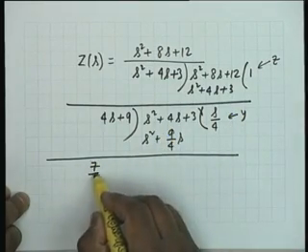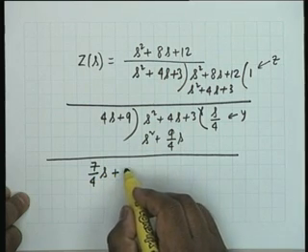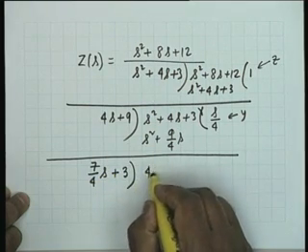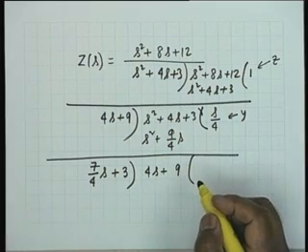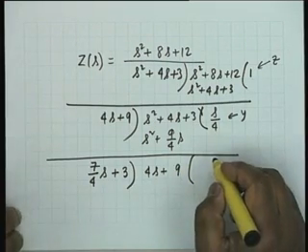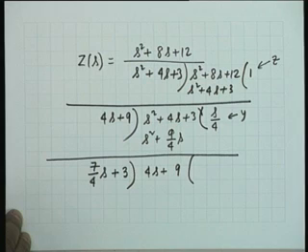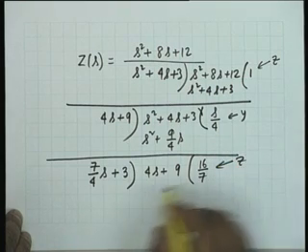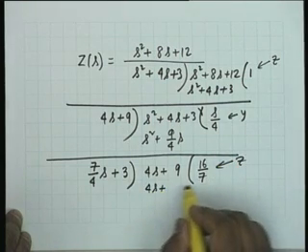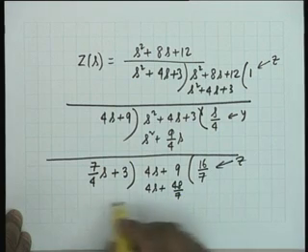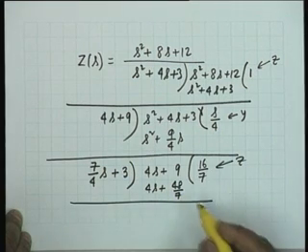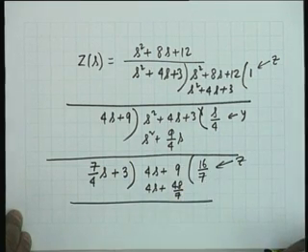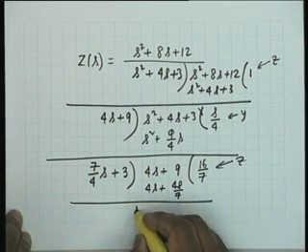16 minus 9 is 7 by 4S plus 3 divides 4S plus 9. The numbers start getting 16 by 7. Oh, I might have made a mistake. This is an impedance. So 4S plus 48 by 7, 48 by 7. So 63 minus 48, 15 by 7.